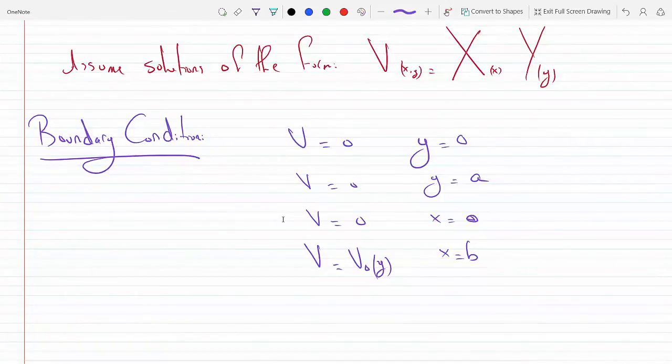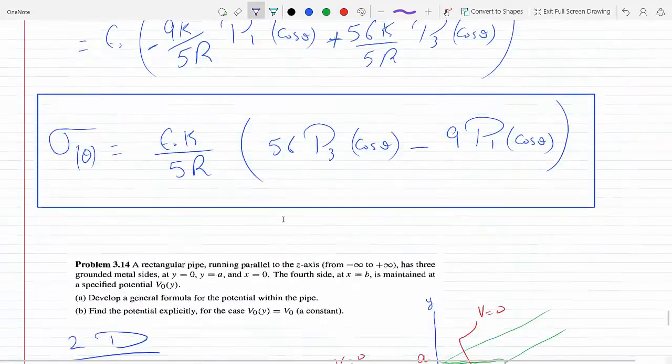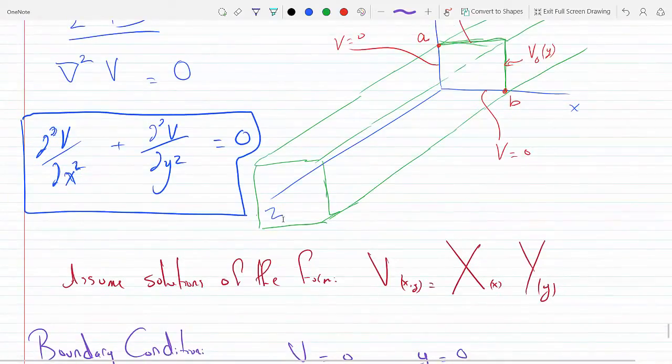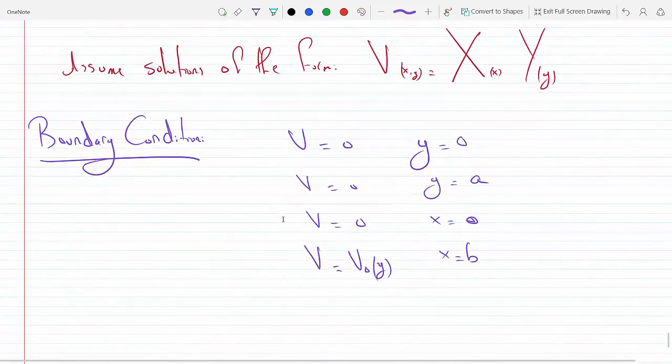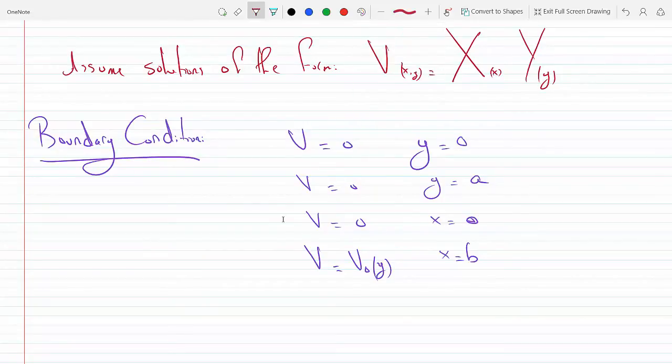Okay, so how do you go from here to the answer? Well, you say, I'm going to take partial derivatives of this and plug them into the differential equation. So go back to this Laplacian. What's d squared v over dx squared?